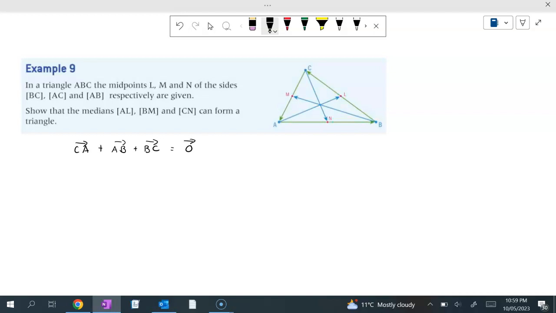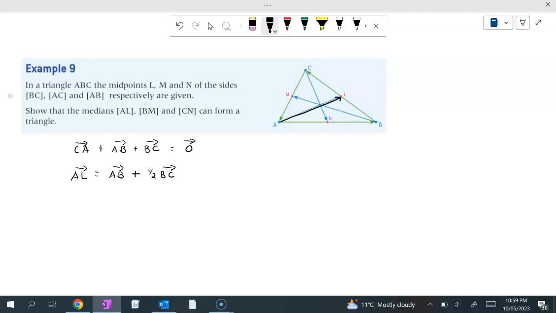Okay, so let's have a look. Let's get our vectors AL for starters. So AL is from A to L, so it's equal to AB plus, now L is the midpoint of BC, so we only need half of BC.